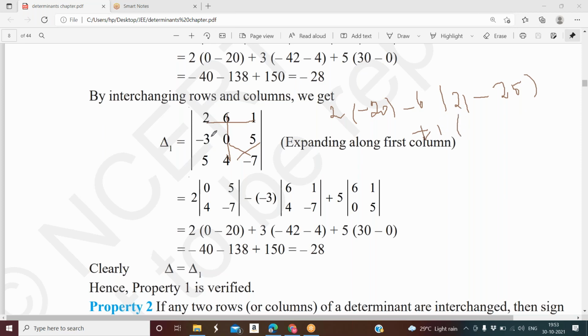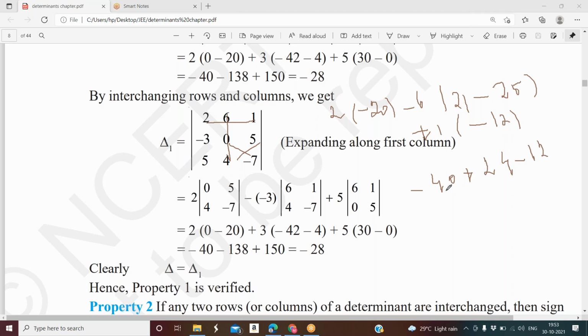Plus 1 into minus 12. So minus 40. This is actually minus 4. Minus 25 plus 21 is minus 4. Minus 4 into minus 6 plus 24.